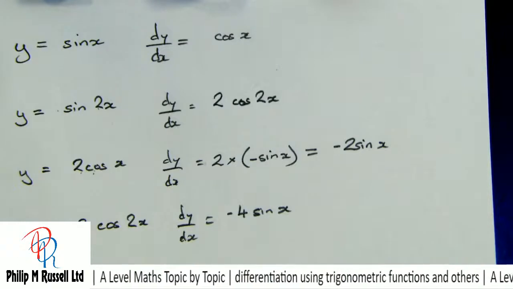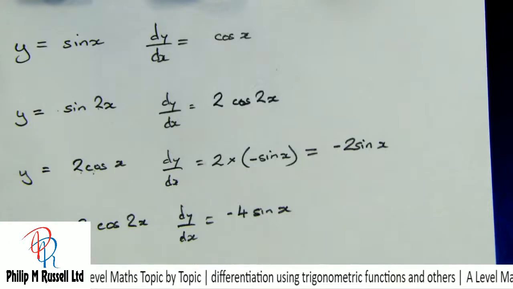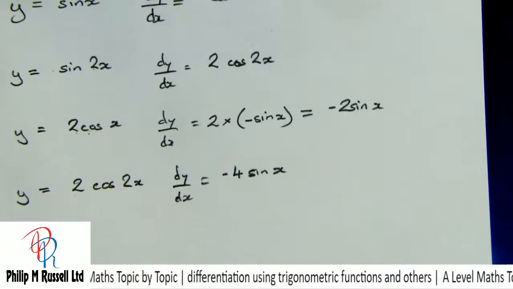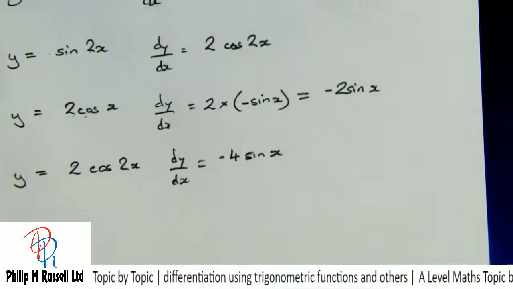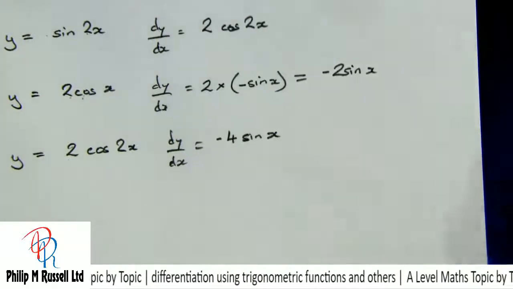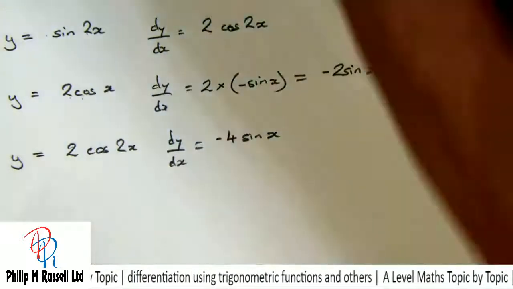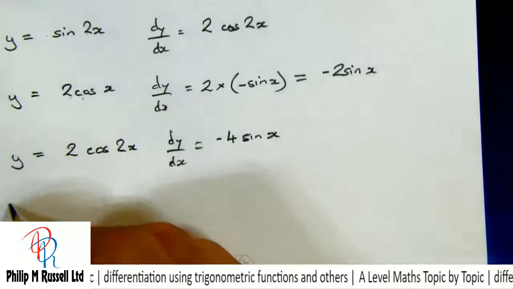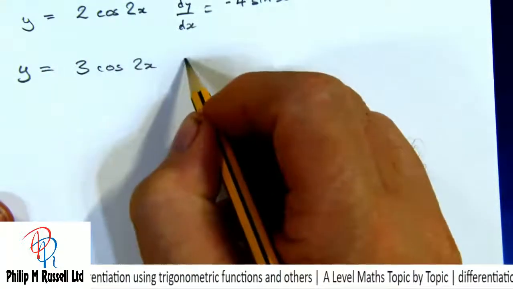Let's try something a little bit harder, I suppose. Let's make one up that doesn't look too horrible. How about 3 cos 2x? So y equals 3 cos 2x.